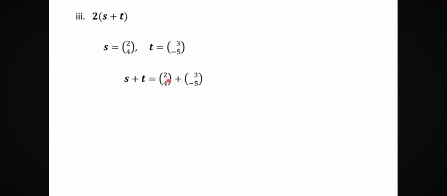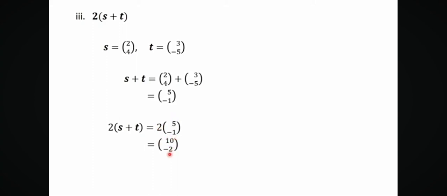So s plus t will give us 2 plus 3, which is 5, and 4 plus -5, so that will be 4 minus 5, which is -1. So we can now use 2 to multiply s plus t, but we found s plus t to be 5, -1. So you are going to have 2 times 5, -1, and this will give us 2 times 5, which is 10, and 2 times -1, which is -2.